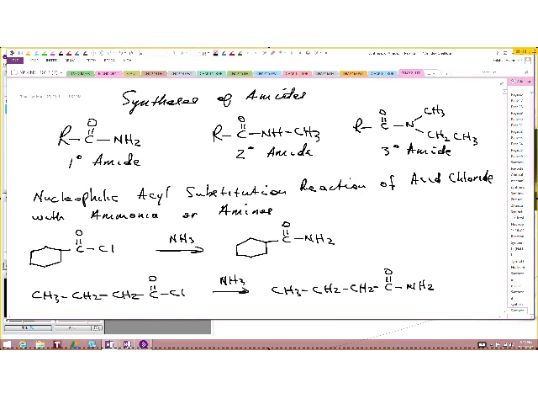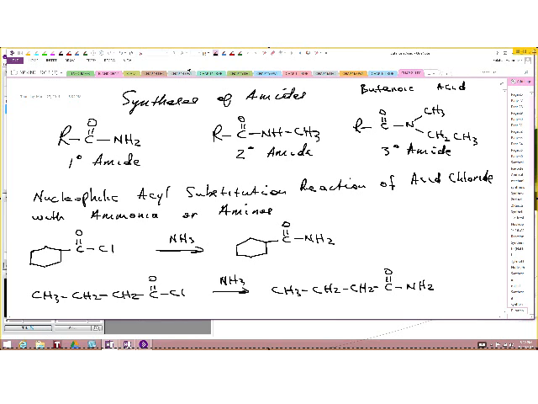Now to name this amide, the name of the amide comes from the name of the corresponding carboxylic acid. Whenever you are dealing with a straight chain amide, in this case the corresponding carboxylic acid comes from this 4-carbon molecule here, so that would be butanoic acid.